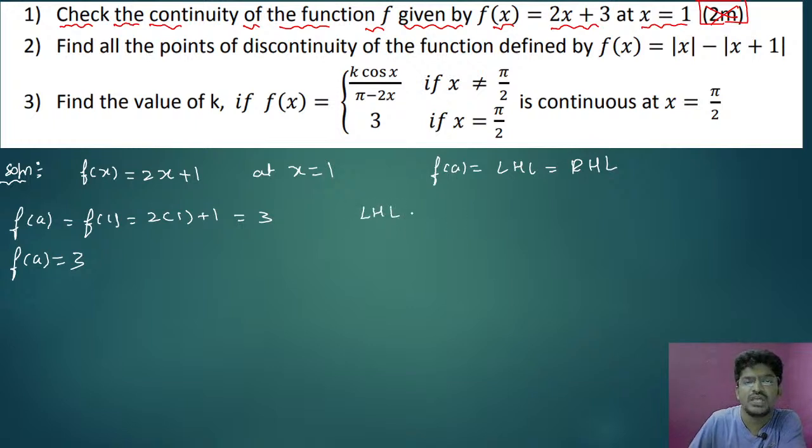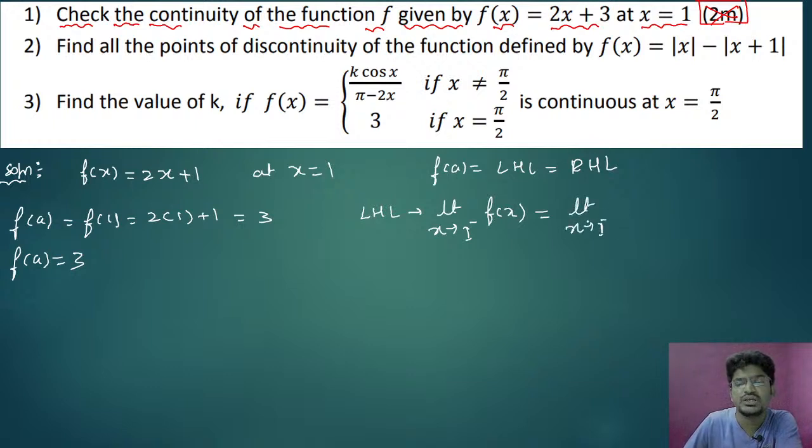What about LHL? You have to write limit x tending to 1 minus, which is the meaning of the left hand limit for the function f of x. So limit x tending to 1 minus of f of x is 2x plus 1. Clear?